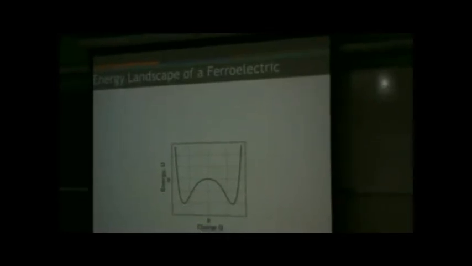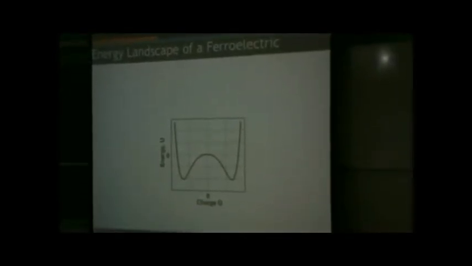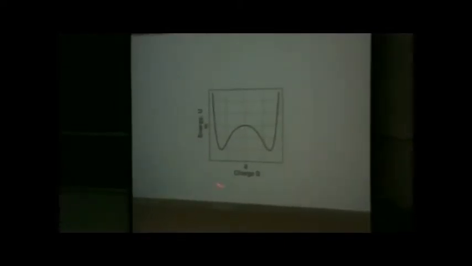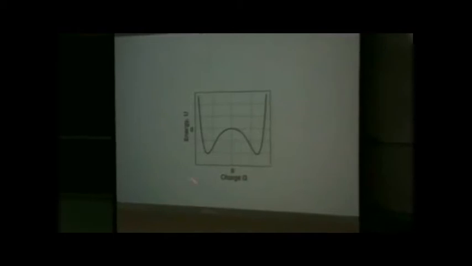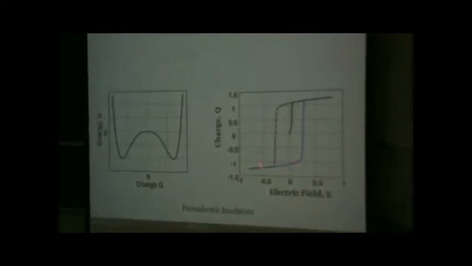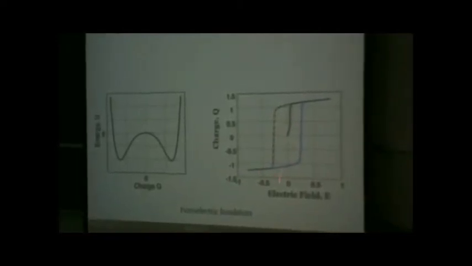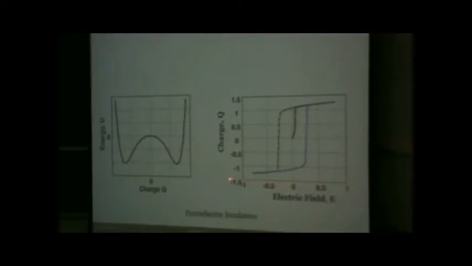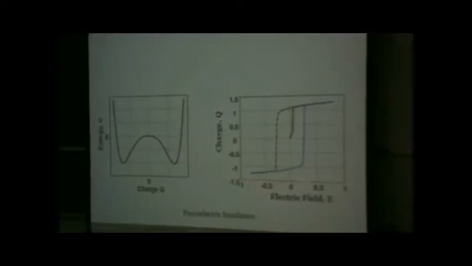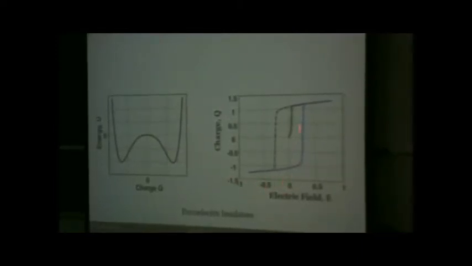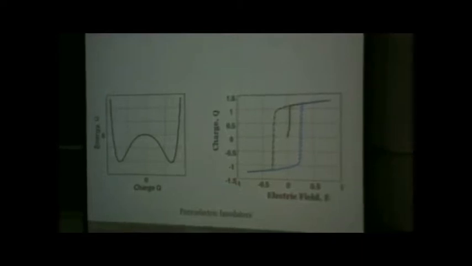How can ferroelectric help us do that? What I'm showing here is the energy landscape of a ferroelectric material. This is energy versus Q, and we know that it needs to be something like an even function of charge, because we know a ferroelectric material will give me a hysteresis. Hysteresis means that in either direction I go from this zero electric field, I can find the same state.